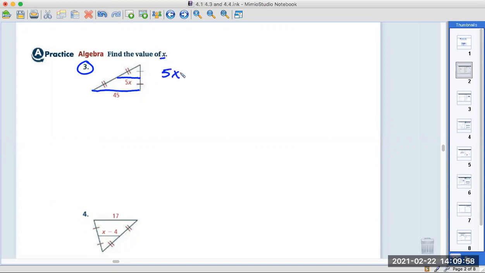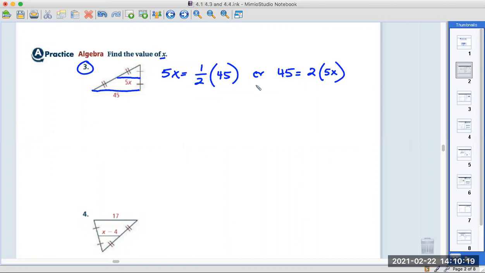I'm going to say that 5x is half of 45. So that's my equation. This is half of that. Or you could say 45 is twice the mid-segment. Those 2 are the same.